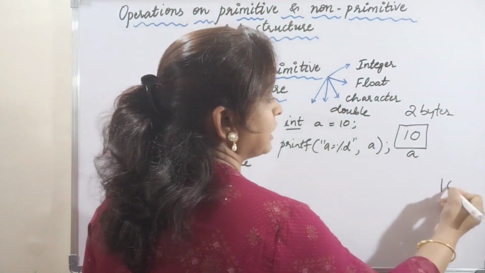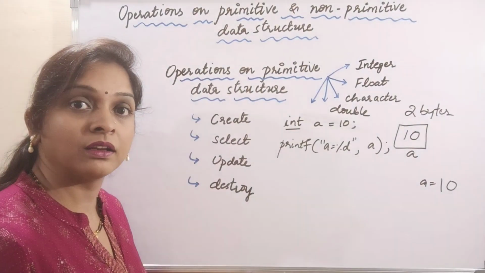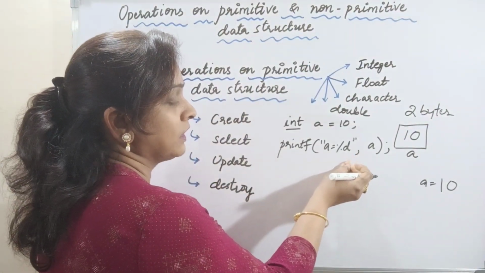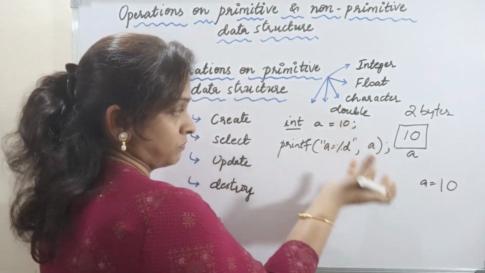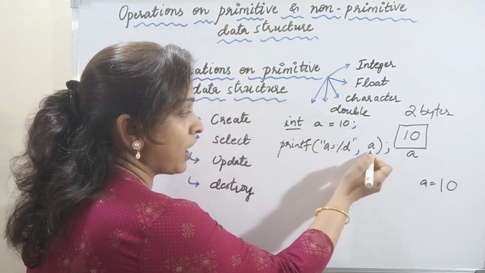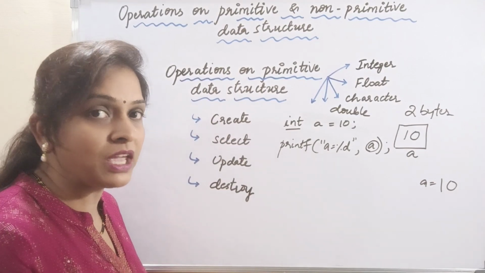So I'm going to print that value 10. The format specifier gives a direct instruction to the compiler saying that you need to access the integer format of data that you have in this variable a, and then print that onto the console.